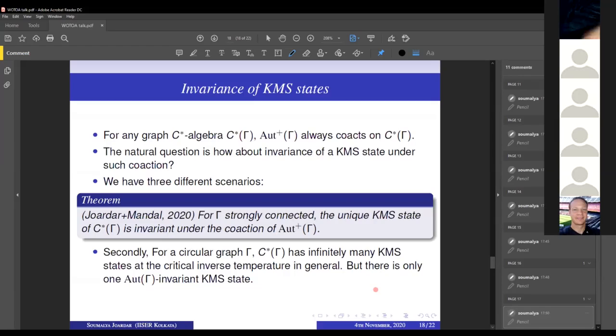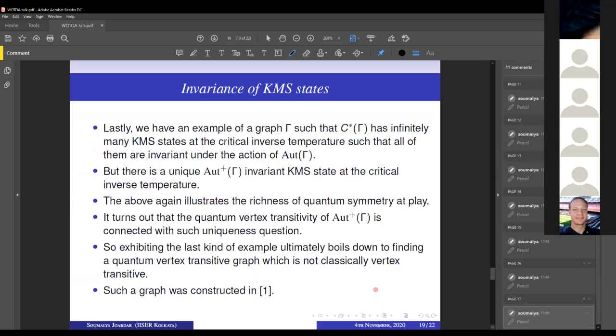So this is the second scenario, and the final scenario is that we have an example of a graph such that C*(Γ) has infinitely many KMS states at the critical inverse temperature, and all of them are invariant under the action of the automorphism group. And what is interesting is that there is a unique quantum automorphism group invariant KMS state at the critical inverse temperature.